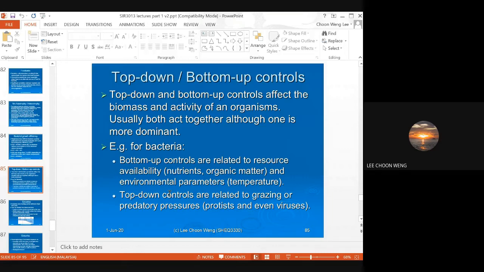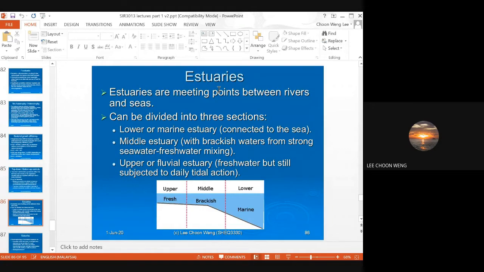Variables are related. So estuaries are meeting points between rivers and seas. Historically, estuaries are important. Most civilizations began at estuaries because historically rivers are the main mode of transportation.